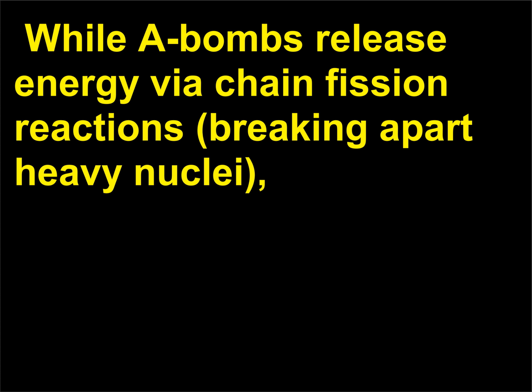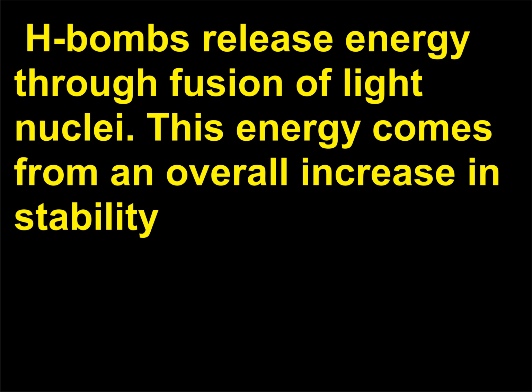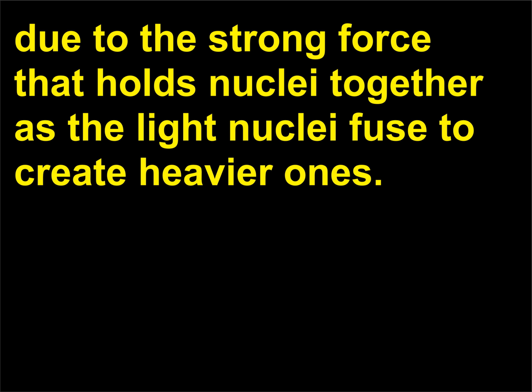While A-bombs release energy via chain fission reactions, breaking apart heavy nuclei, H-bombs release energy through fusion of light nuclei. This energy comes from an overall increase in stability due to the strong force that holds nuclei together as the light nuclei fuse to create heavier ones.